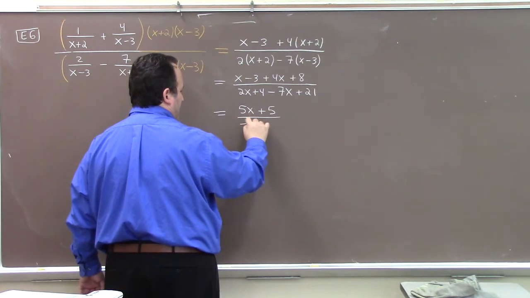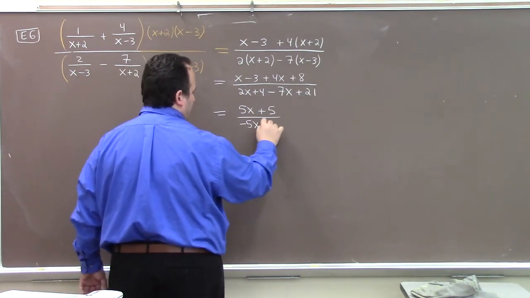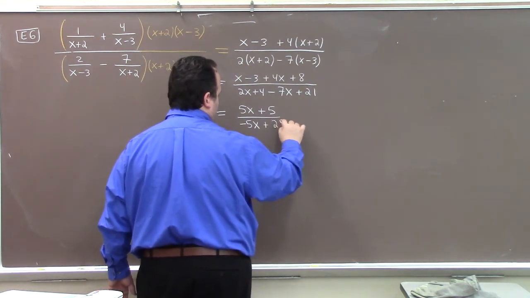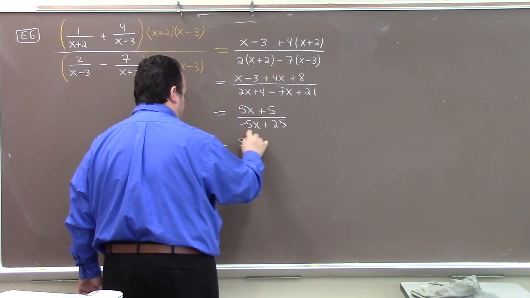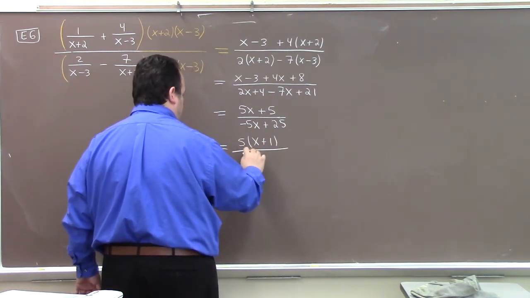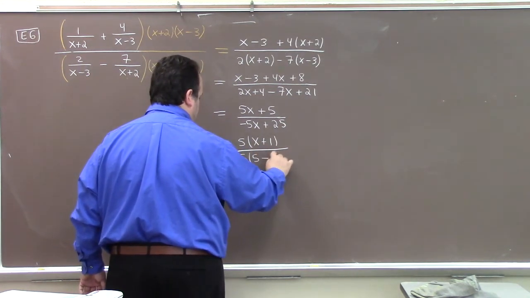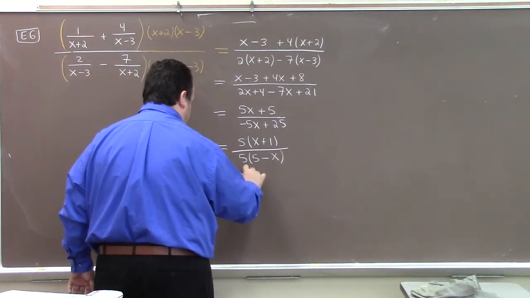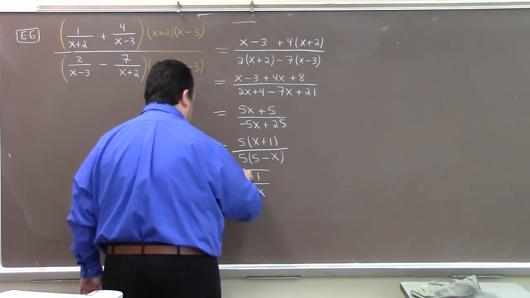Minus 5x plus 25. Ooh. I feel like we should simplify that, otherwise it feels wrong. That's 5 times x plus 1 over 5 times 5 minus x. So it's x plus 1 over 5 minus x.